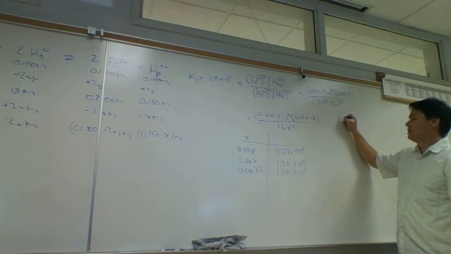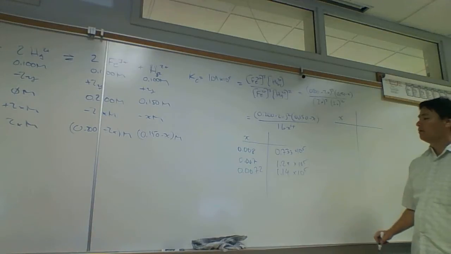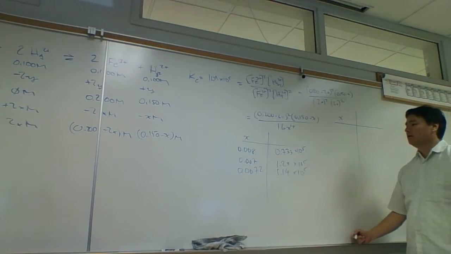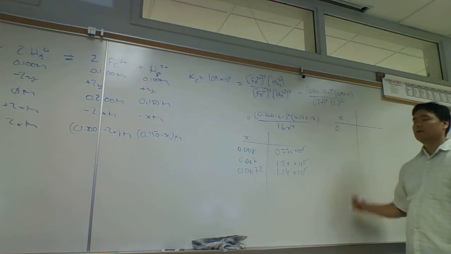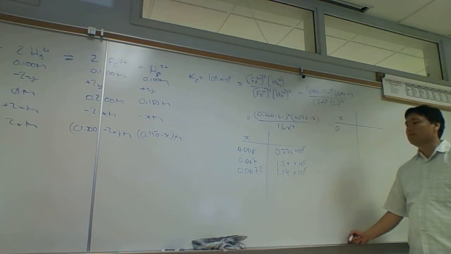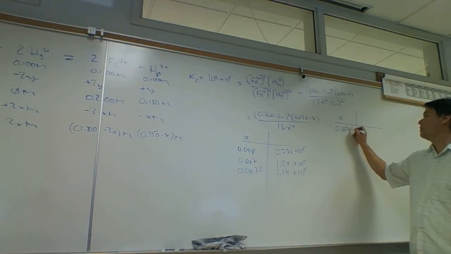Is everybody getting these same answers? Okay, let's continue the table up here. We're very close now, aren't we? Very, very close. So what's the next guess? 0.0074? Okay. 0.0071.